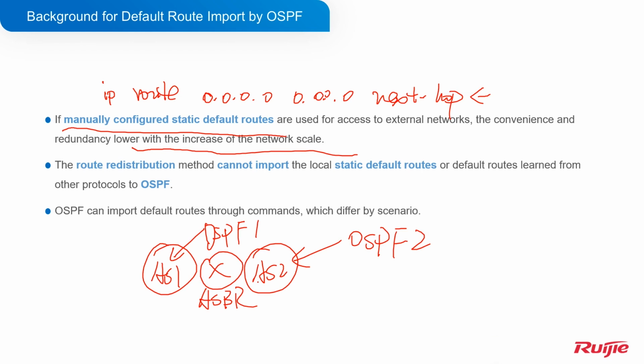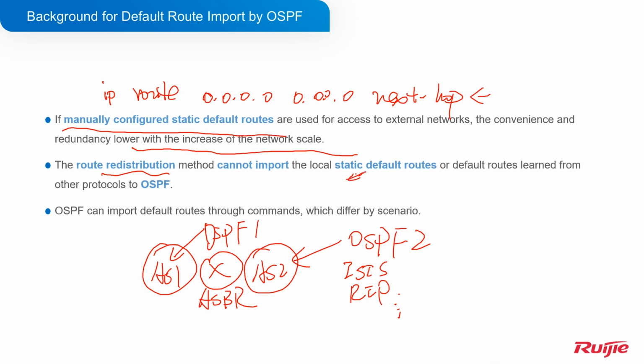In another scenario, maybe in AS2 we enable another protocol, like IS-IS, RIP, or another protocol. If we want AS1 to communicate with AS2, we also have to do route redistribution on the ASBR device. But here, the route redistribution method cannot import the local static default routes.